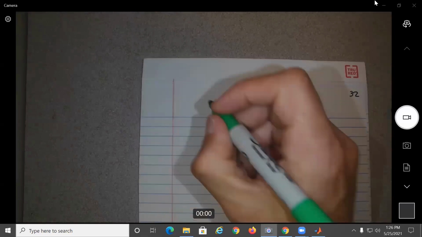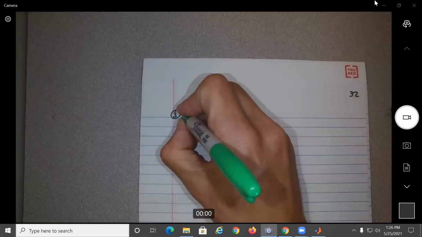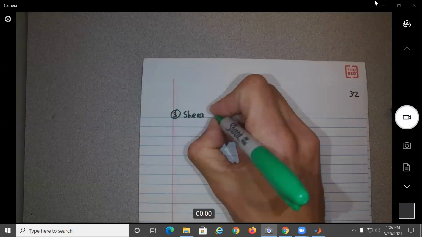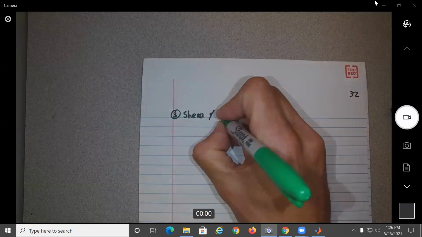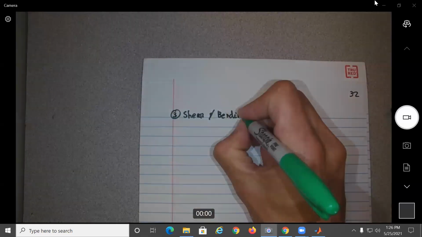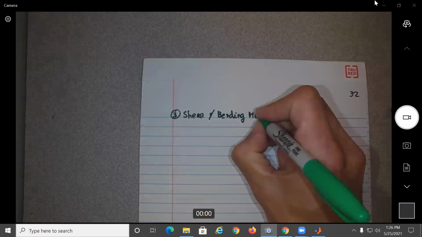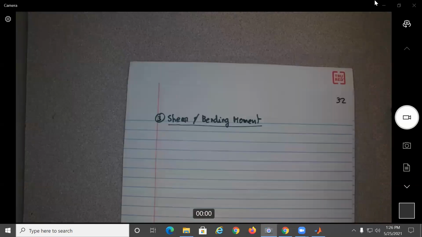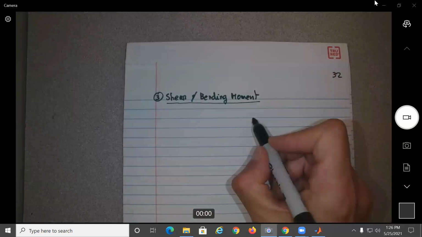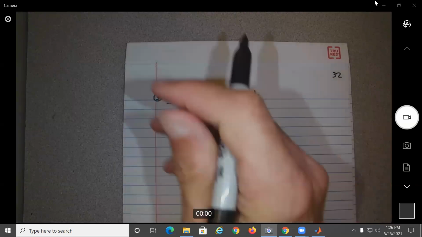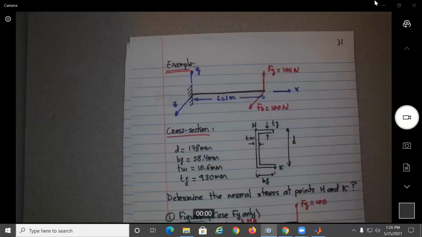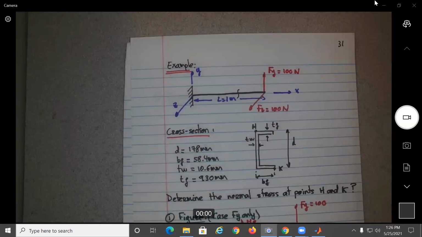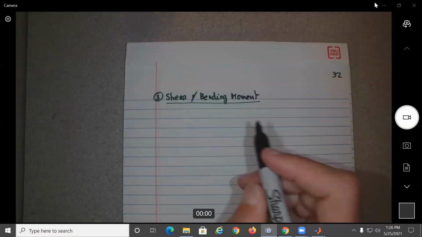Step 3 will be to do the shear and bending moment. So in order to find the shear, we make a cut on this beam anywhere over here. So we do the figure.